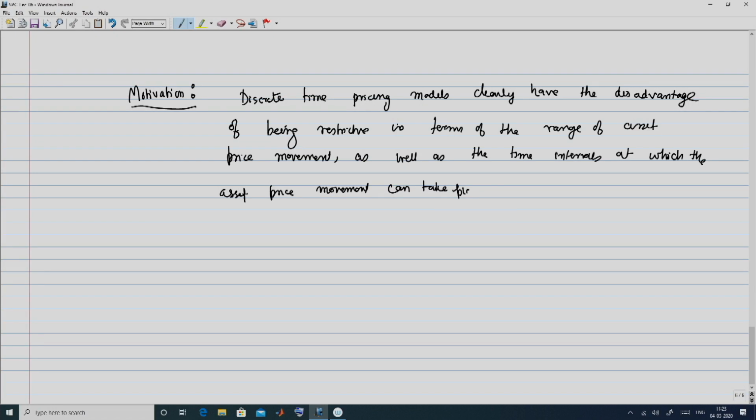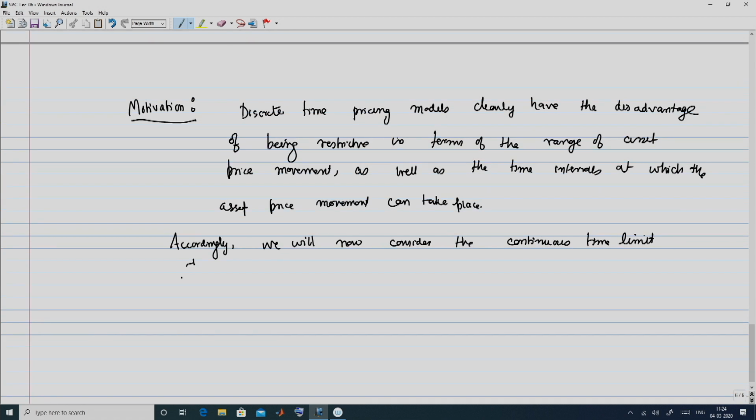Accordingly, we will now consider the continuous time limit of the binomial model.